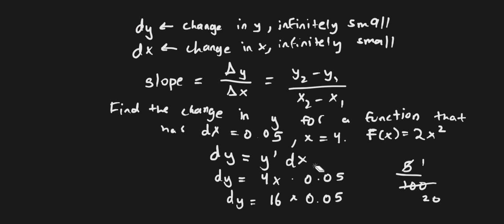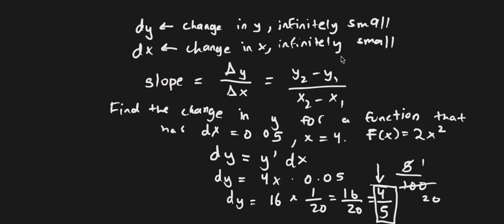So it's just going to be 16 by 20. Both are divisible by 4, so it's just going to be 4/5, right? Now this is going to be what we have as our change in y.